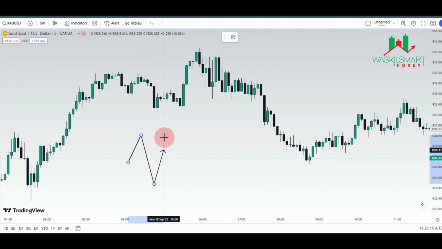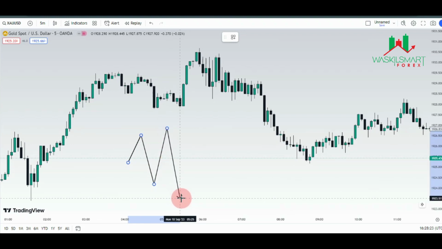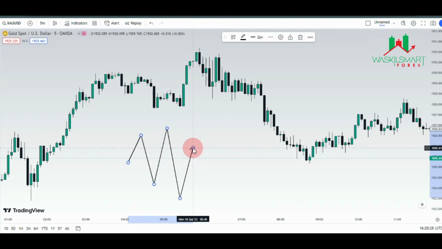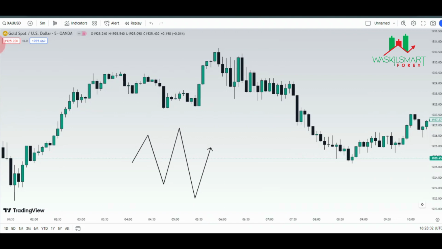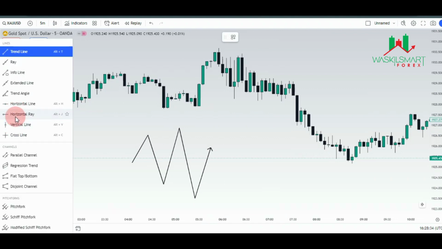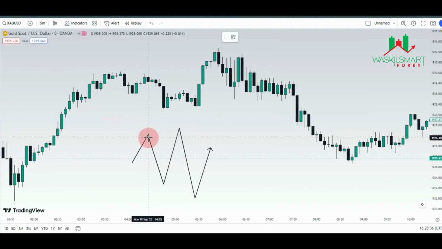When we have this high, the market comes above it, then we have the break of market structure here, then back. This is how the pattern works. This high here is a valid high, and the time frame we are going to be using is 5 minutes or 3 minutes. So this is how this works.